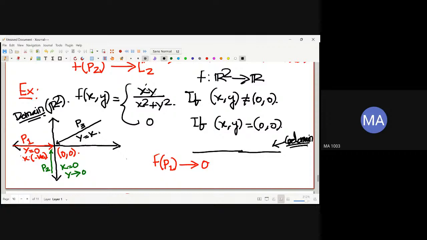This line is dependent on this m, the slope. If you consider this, you can check the limit. Sir, it's getting m by 1 plus m square, I guess.